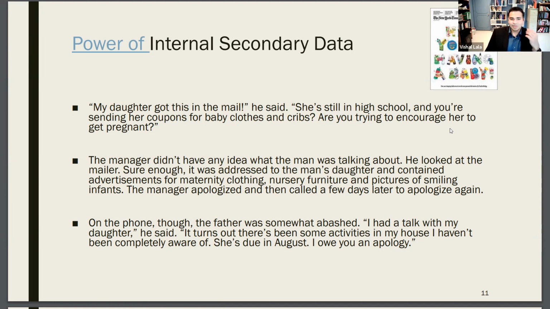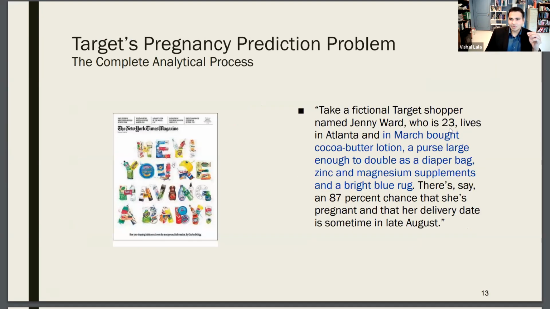So Target was trying really hard then to figure out again, what is it that we can do to identify somebody as being pregnant and therefore somebody who may be changing their lifestyle quite rapidly. So in this particular story, Jenny Ward is 23 years old and so on and so forth. Now, she bought the following products.